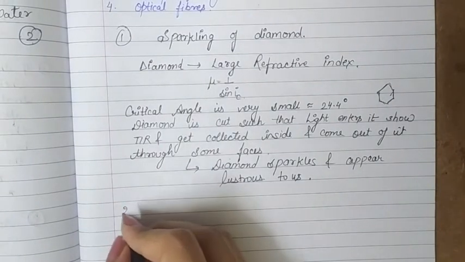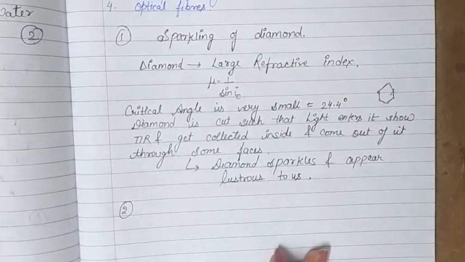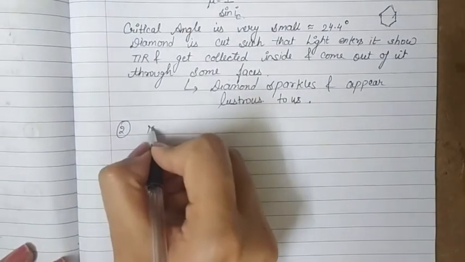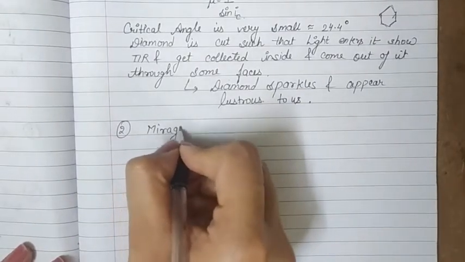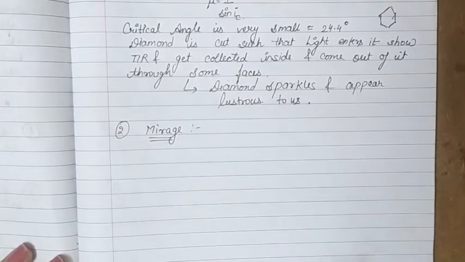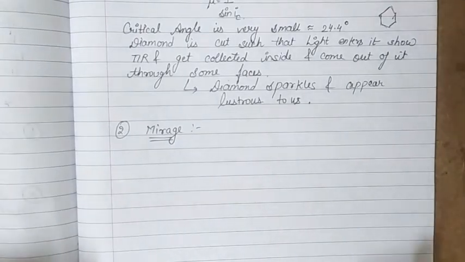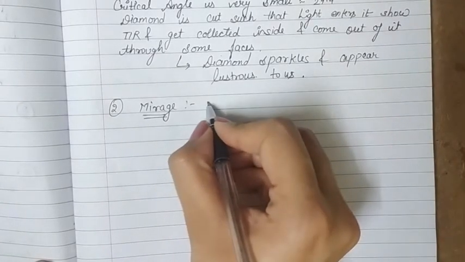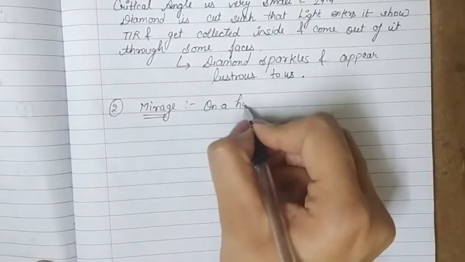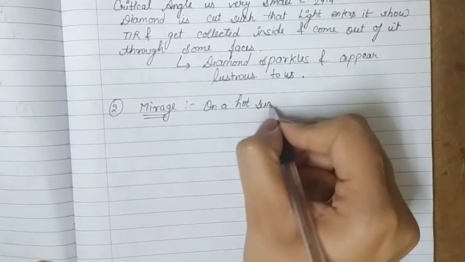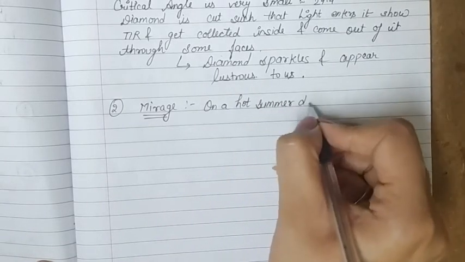Now the second application is mirage formation. This happens in areas where the temperature is high. Suppose we are traveling on a hot summer day, and the temperature is quite high.